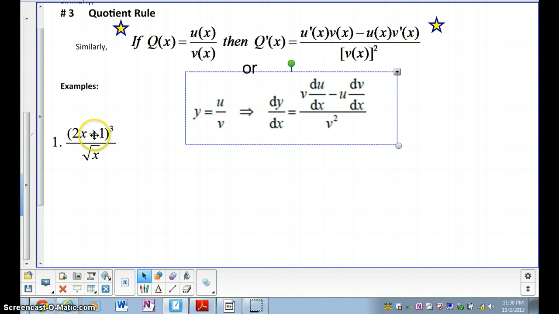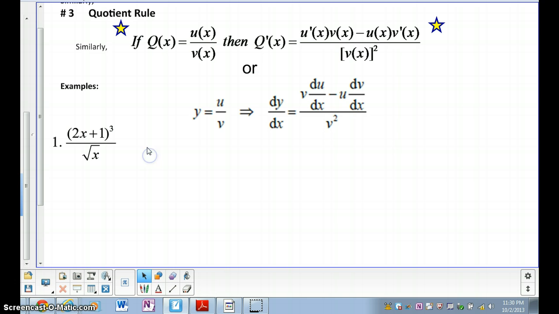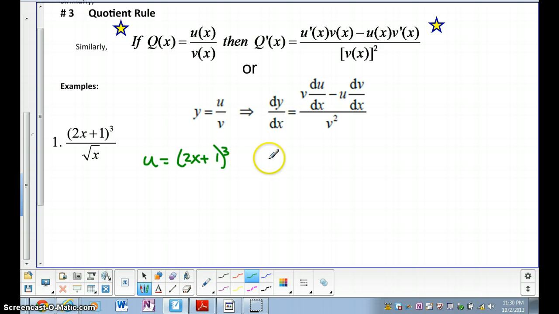So we'll use that same with our function here. So our u in this problem number 1 would be (2x plus 1) to the third power. Our v is the denominator, and that would be the square root of x.